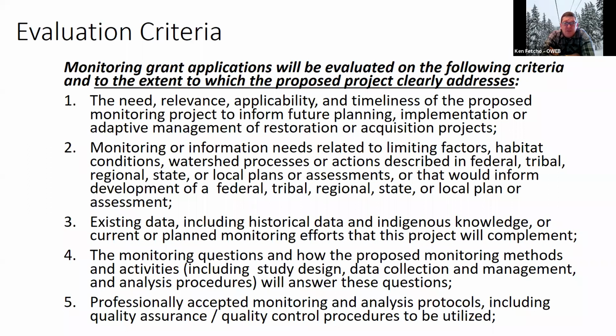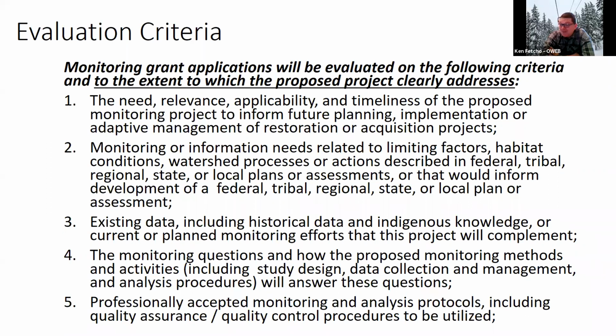So the first one really is around the need, relevance, applicability, and timeliness of the proposed monitoring project to inform future planning, implementation, or adaptive management of restoration or acquisition projects. And we actually were able to remove a question too.